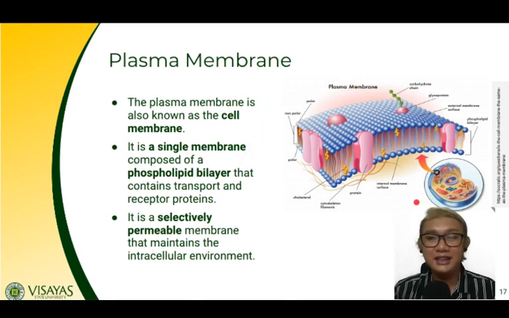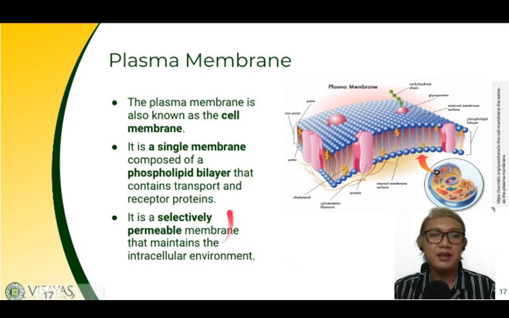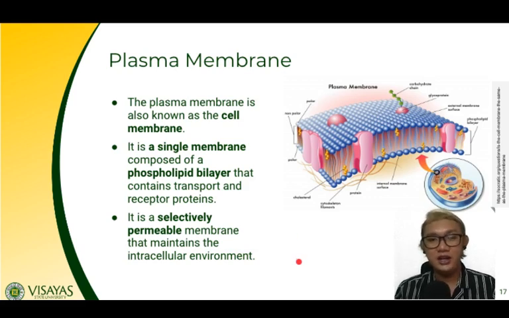It is a selectively permeable membrane, meaning not all materials can pass through it. Okay? So this selective permeability, the ability to filter out or selectively permit the passage of molecules in and out of the cell, maintains the intracellular environment.